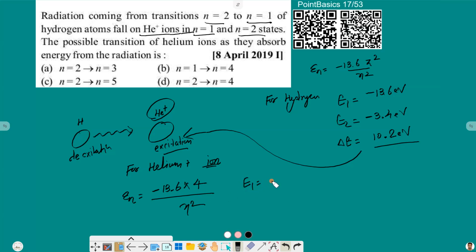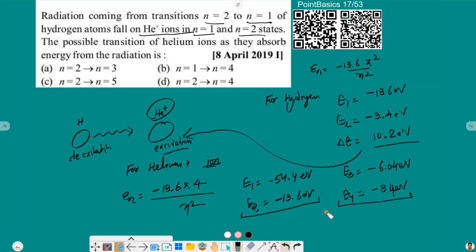Now E1 will be minus 54.4 electron volt, E2 will be minus 13.6 electron volt, E3 will be minus 6.04 electron volt, and E4 will be equal to minus 3.4 electron volt.